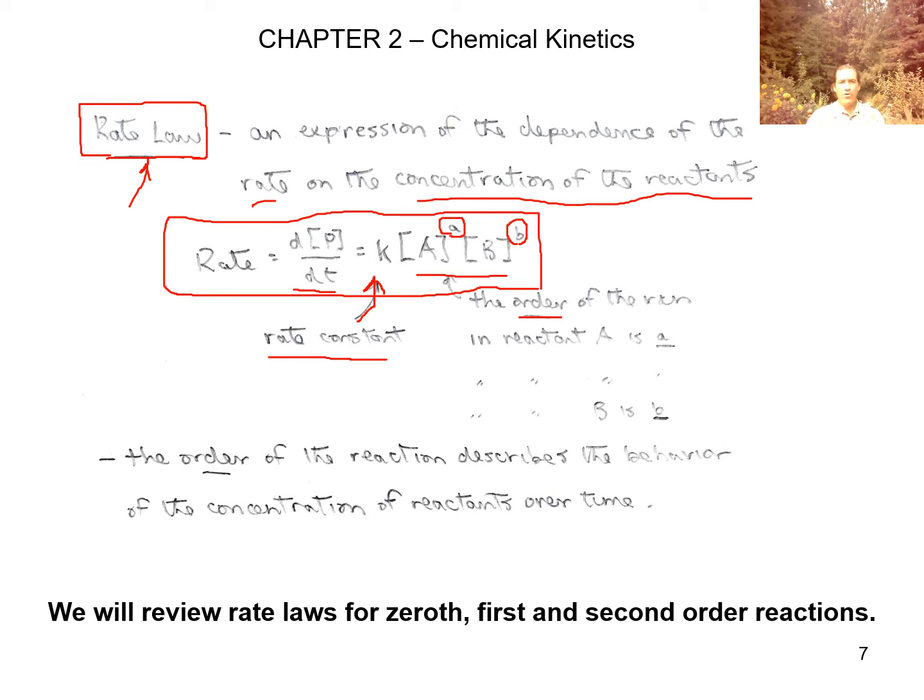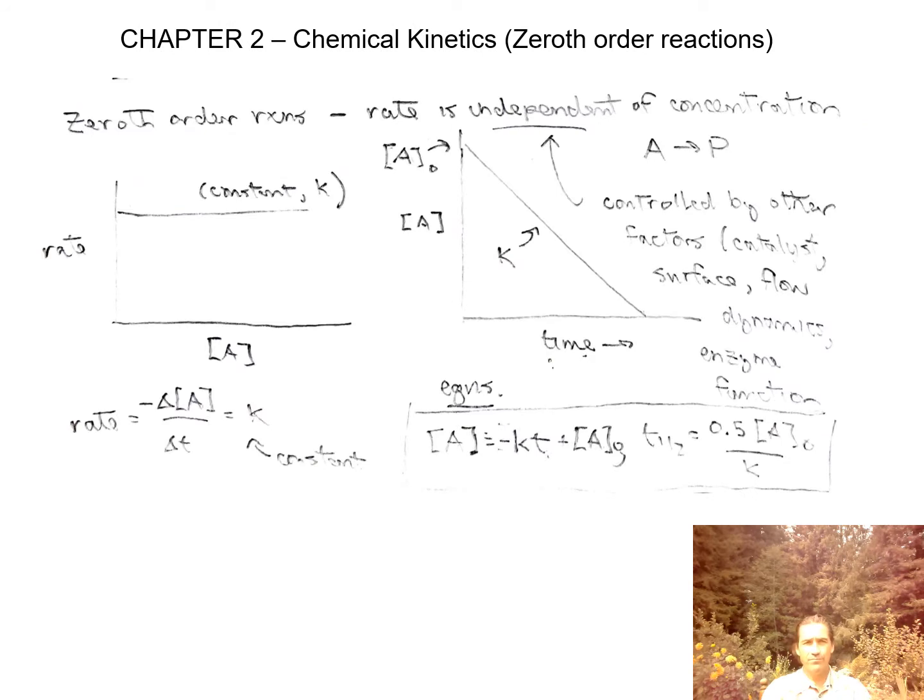So again, the order of the reaction describes the behavior of the concentration of reactants over time. So in the next part of this video, we're going to look at 3 types of orders: the 0th, the 1st, and the 2nd order. So let's start with the 0th order.